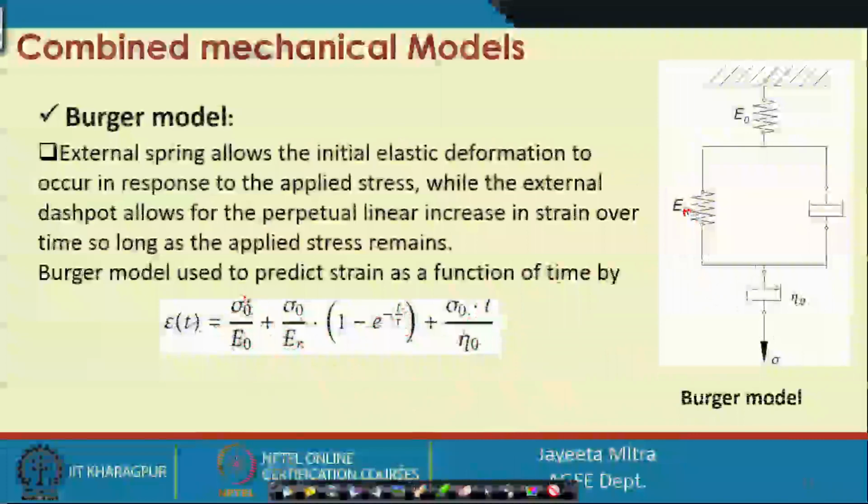The first term is the strain because of the elastic component, that is the spring. The exponential part is because of the combined model of spring and dashpot, and the last part is because of the dashpot.